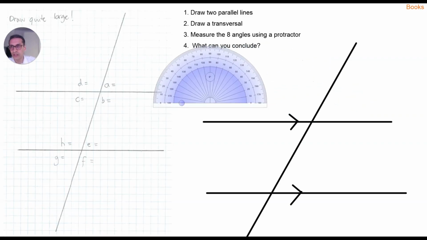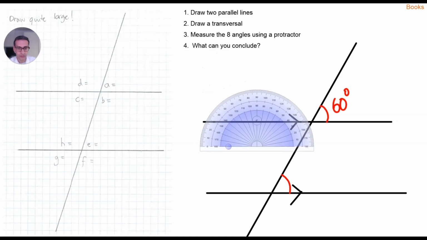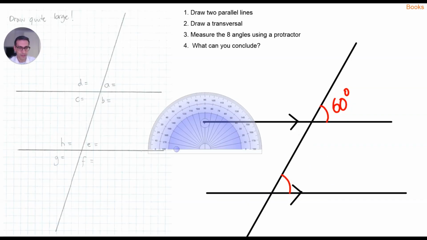So angle A here is 60 degrees. If we measure the corresponding angle here, we put our protractor there. What you'll find is this angle here is also 60 degrees.